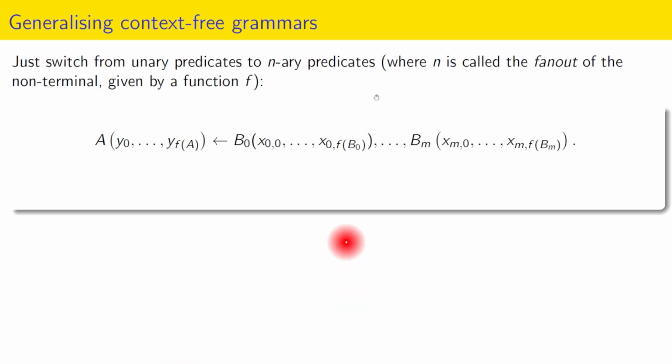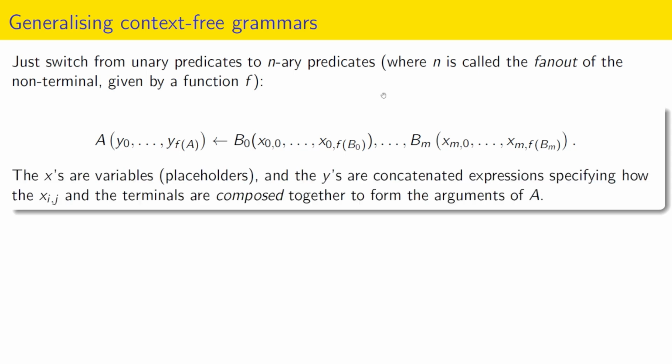The main difference is that now each predicate takes more than one argument. That's it. As before, the x's on the right-hand side are placeholders, meaning that they stand for terminal strings. And on the left-hand side, the nature of the language is given by how the y's combine the placeholder x's on the right-hand side.